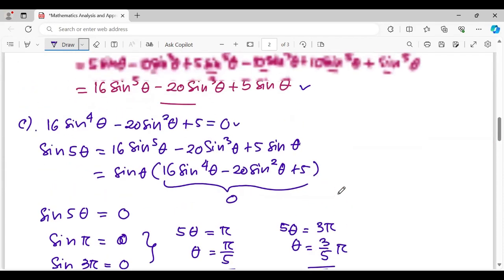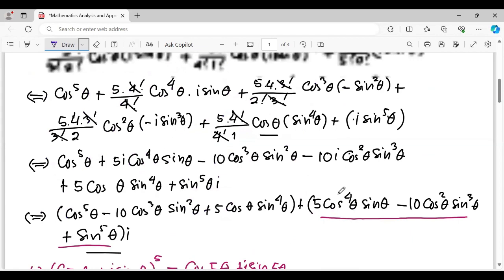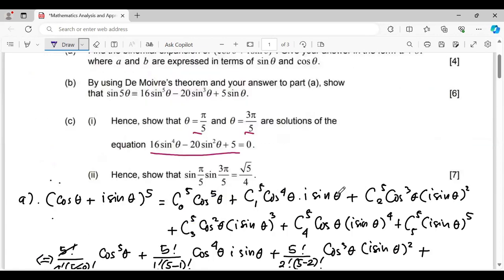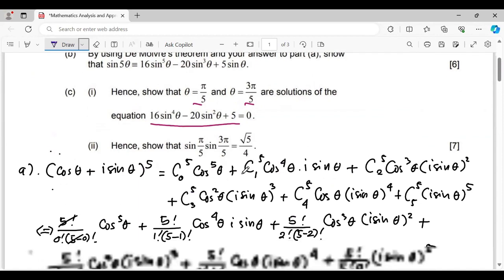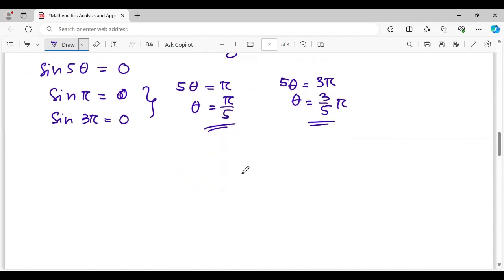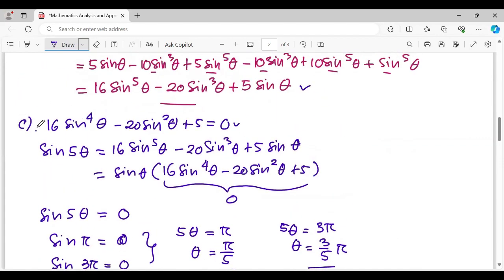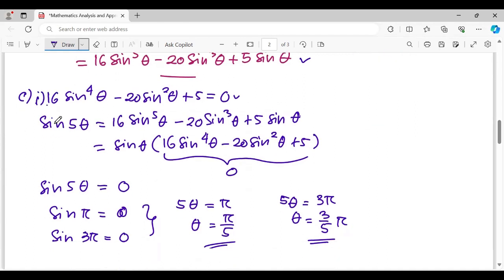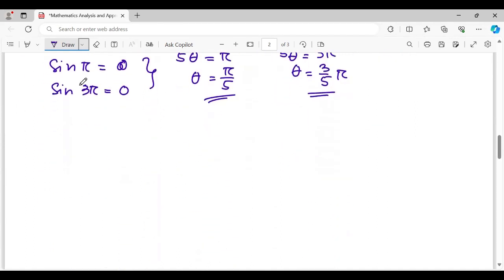Next, D, part (ii). Show that sine pi over 5 times sine 3 pi over 5 equals square root 5 over 4.